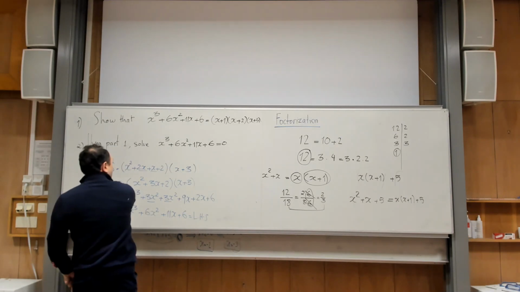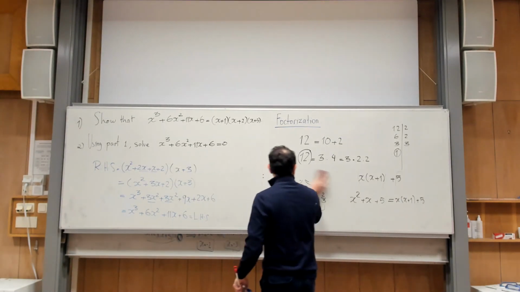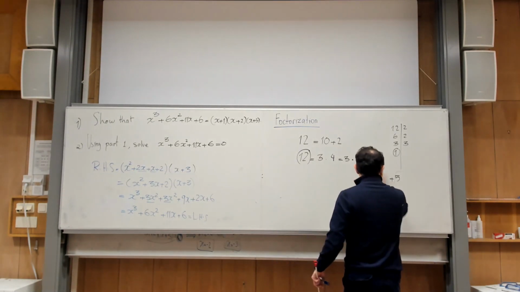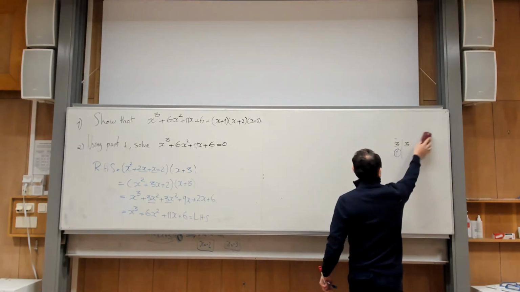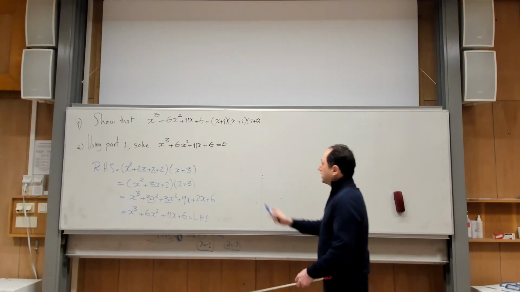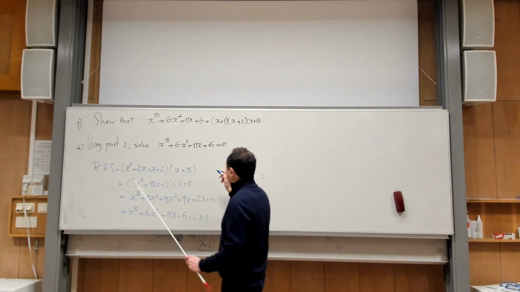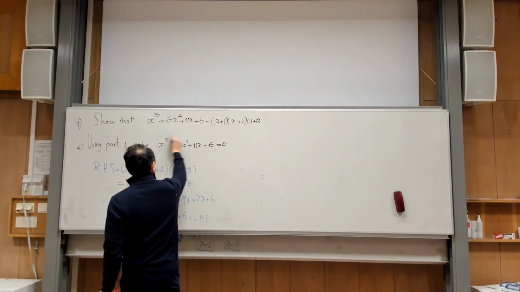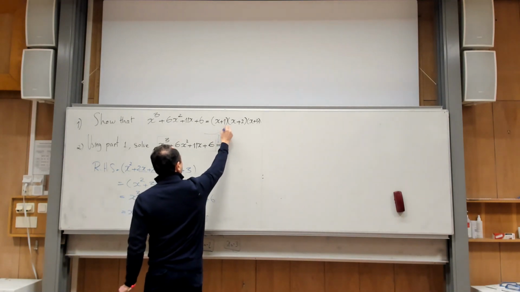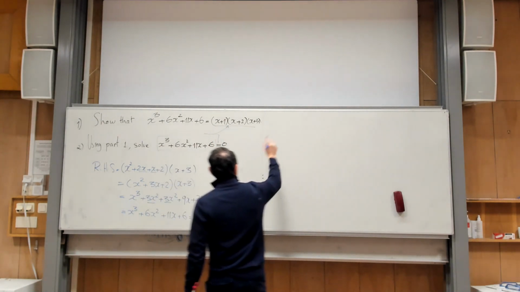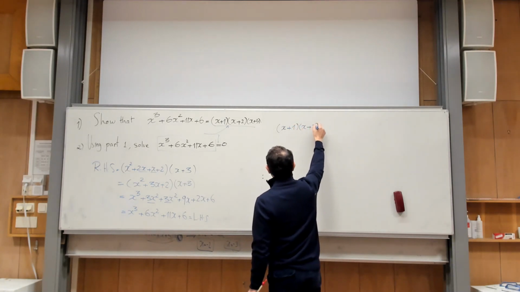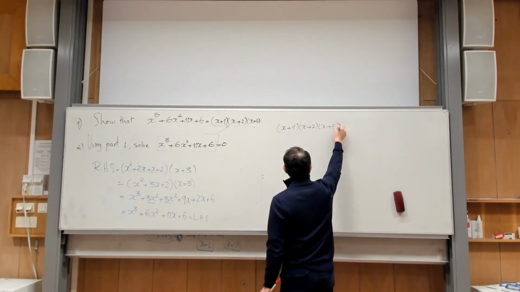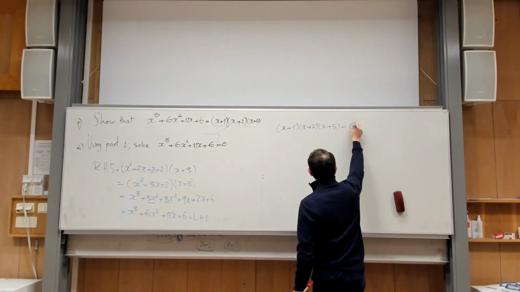Because now I can go to the second part and try to solve that. But now, instead of this expression, I can replace it with this product form. So I can write x plus 1 times x plus 2 times x plus 3 is equal to 0.